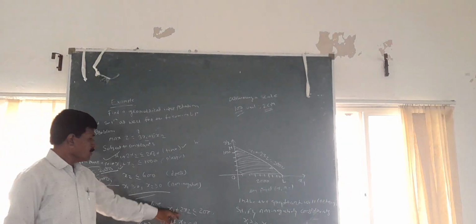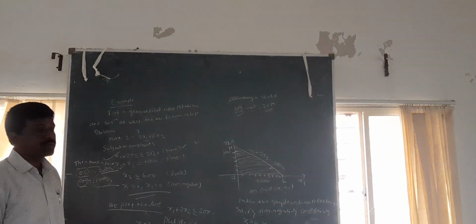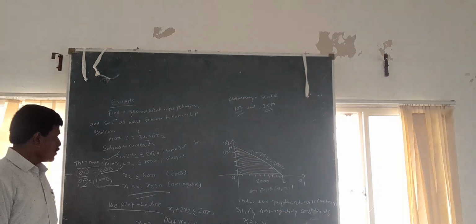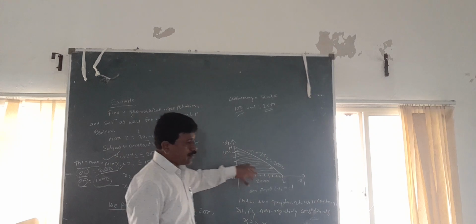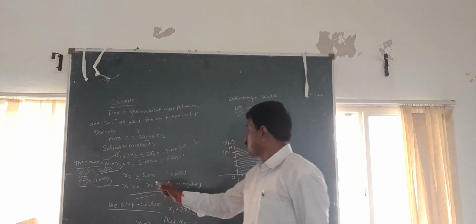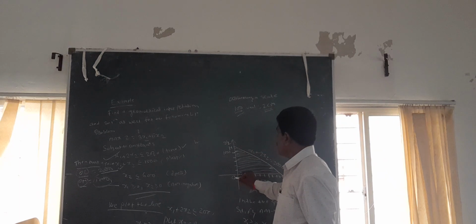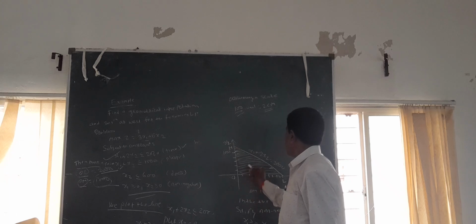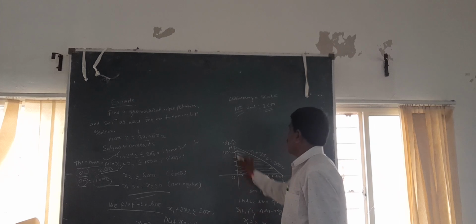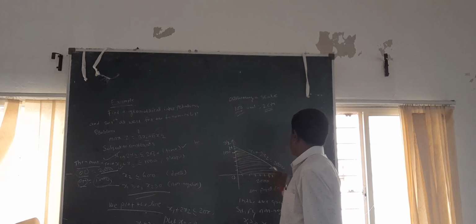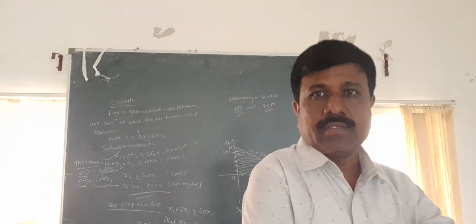We put x2 equal to 0, then we get x1 equal to 2000, and again we put x1 equal to 0, we get x2 equal to 1000, and mark these points on the perpendicular lines. Here x1 is OL and x2 is OM, and we join L and M, that is x1 plus 2x2 equal to 2000.